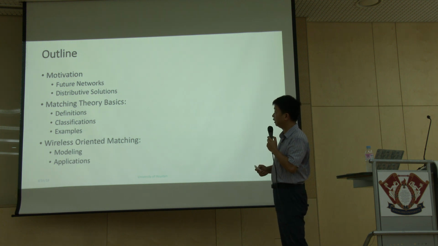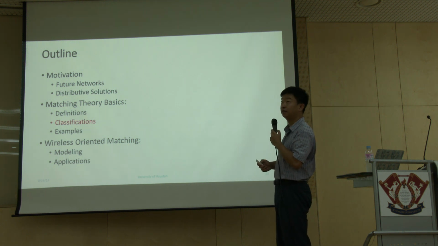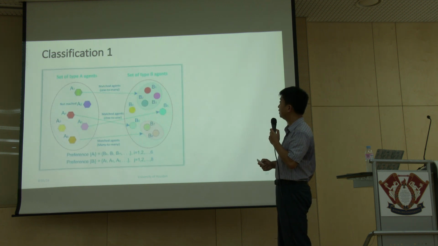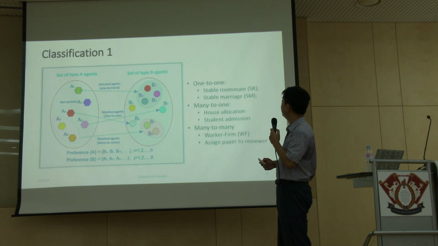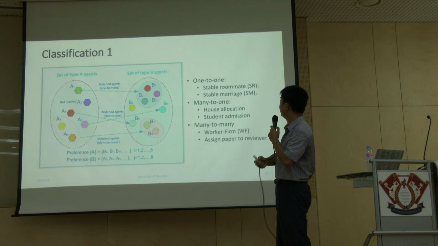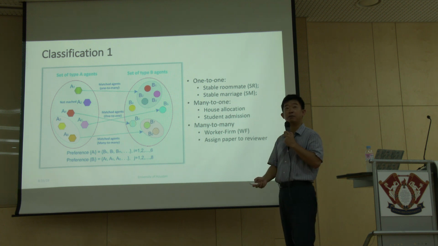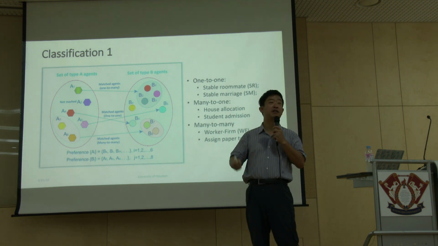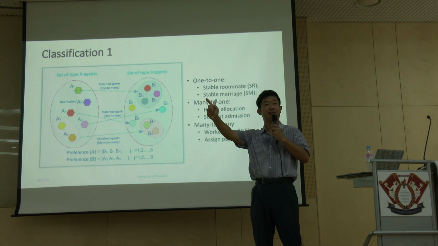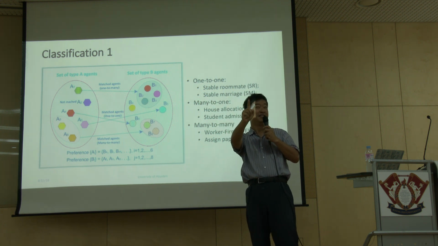Okay, so this is the basic definition, and let's see the classification. For classification, you have different ways. The first one is one-to-one matching. For example, stable marriage is one-to-one matching. Except if you are in Saudi Arabia, one marriage is typically one-to-one. And believe me, one is more than enough.